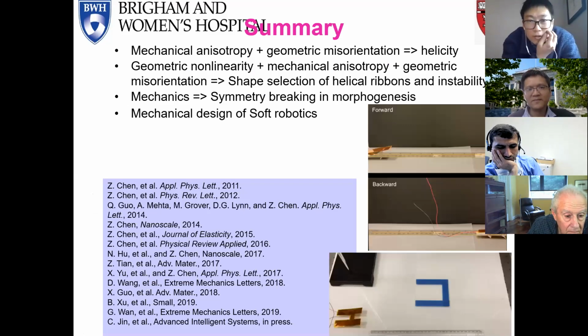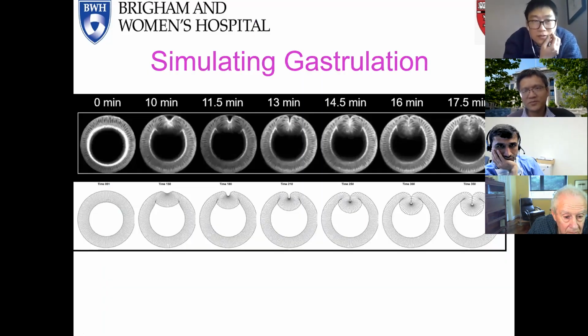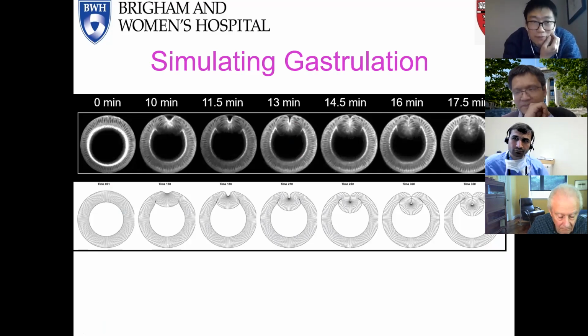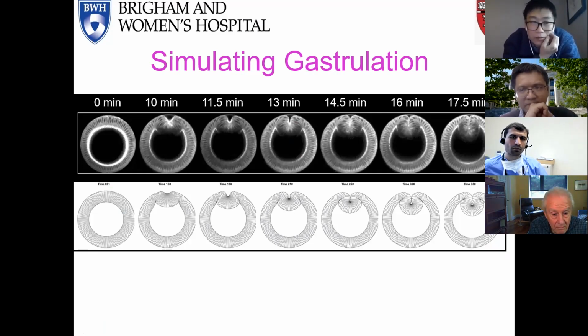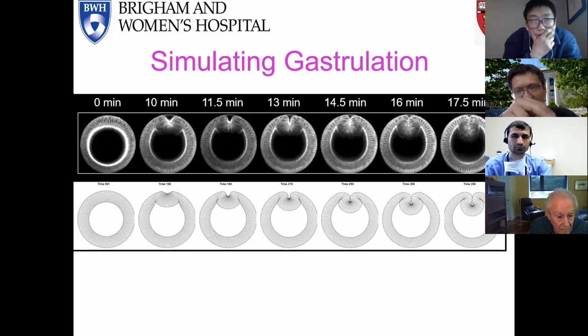Sorry, a related question. Sure. I just want to clarify. So you do have to tune the local properties. Does that include the mechanical properties, or is it really just the shape? Yeah, these are two things. The first is we changed the rest length that basically leads to the invagination.